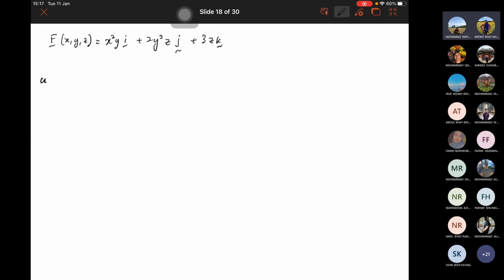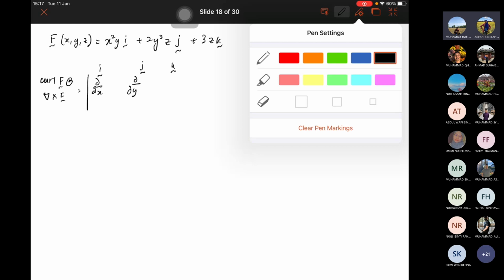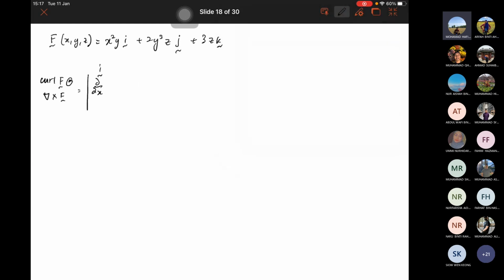So to solve for this one, curl f atau this one darabkan dengan vektor f, i, j and also k. So you are going to have delta over delta x, delta over delta y and also delta over delta z. So you have x squared y, 2y cube z and 3z.